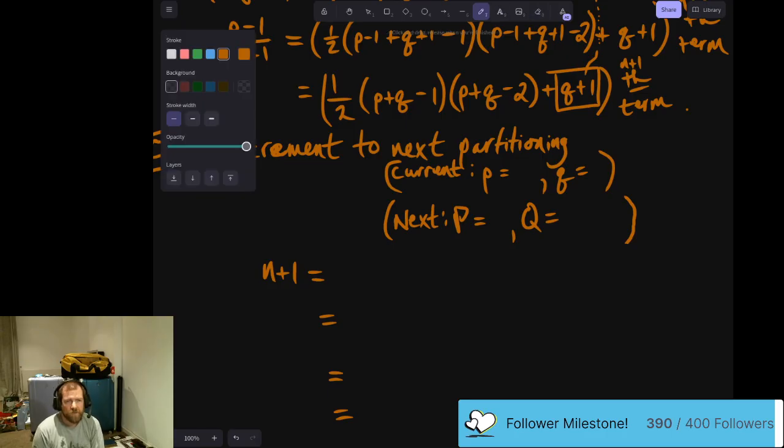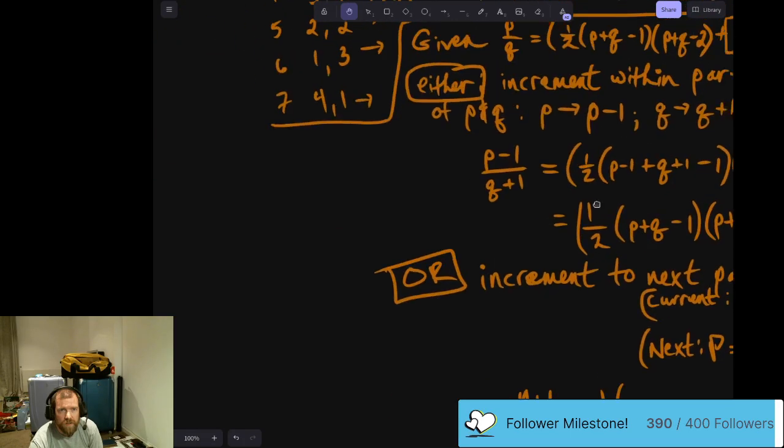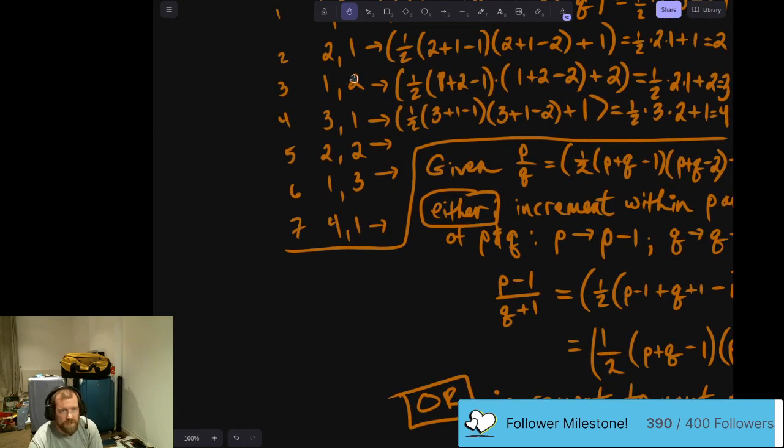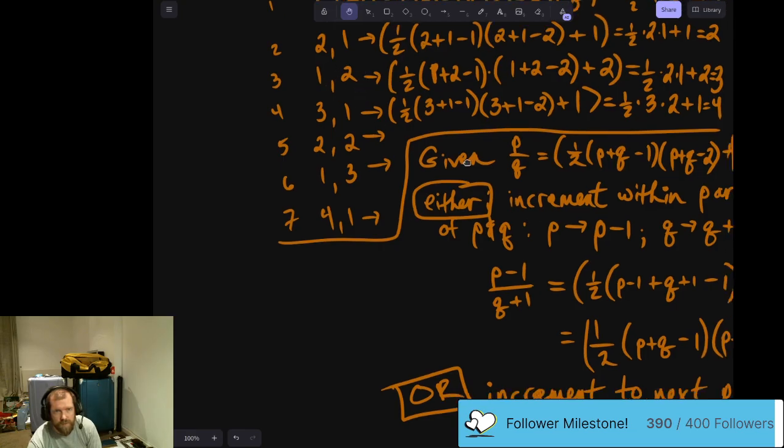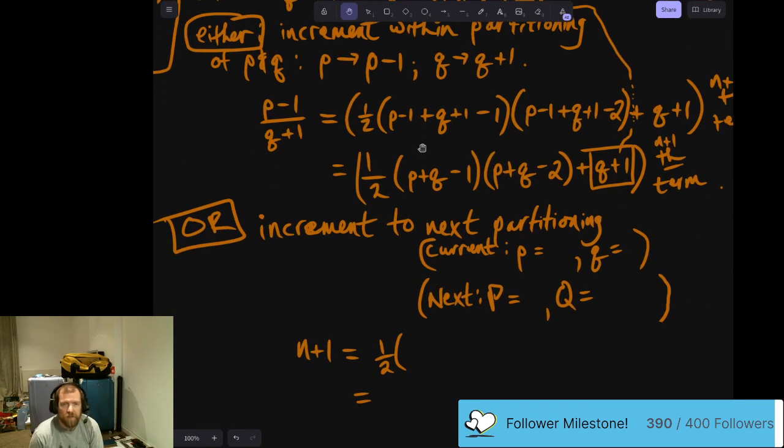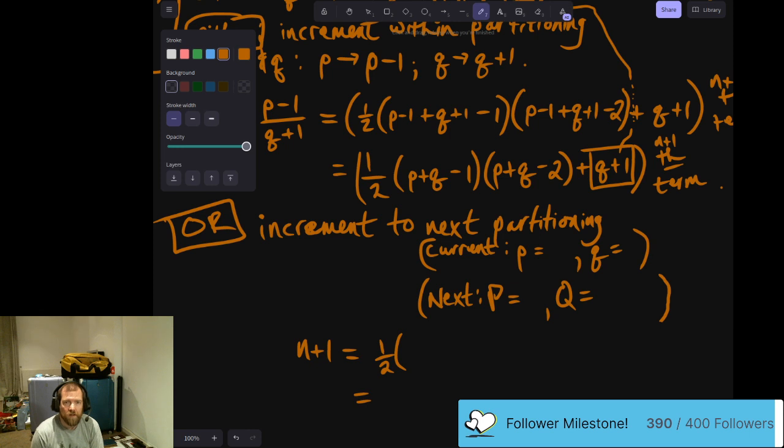Okay, so n plus 1 is going to be 1/2 times our P's were at, again, if we transition to the next one, our P's were at 1 and our Q's were at max. P's are at 1, Q's are at max.